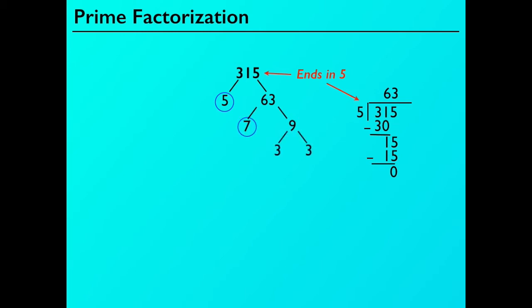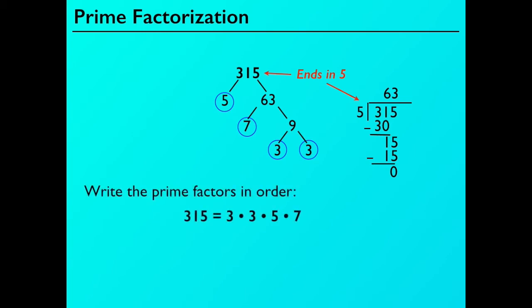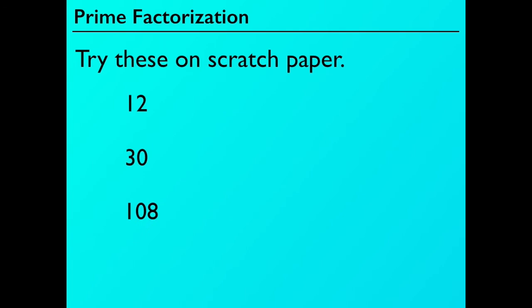Factors of 9 are 3 and 3. So if I want to write the prime factors in order, I get 315 is equal to 3 times 3 times 5 times 7. Try these on scratch paper.